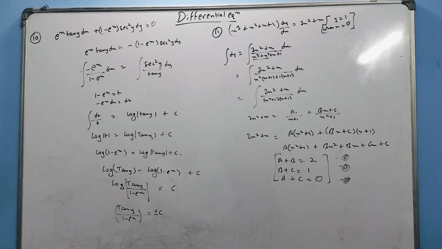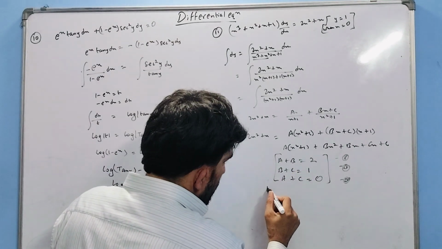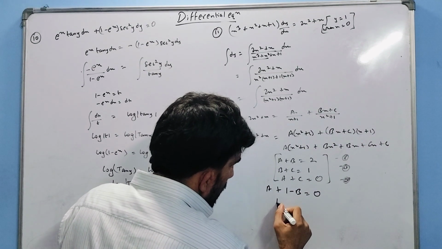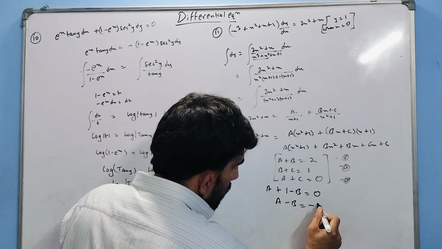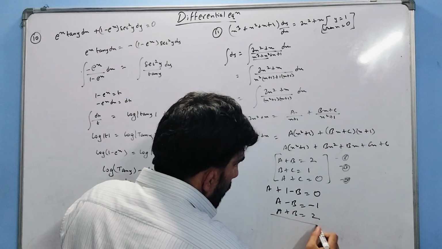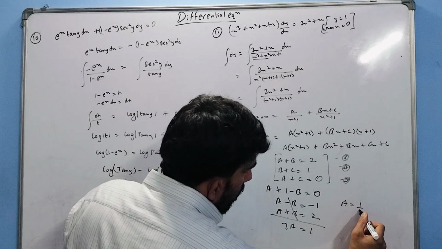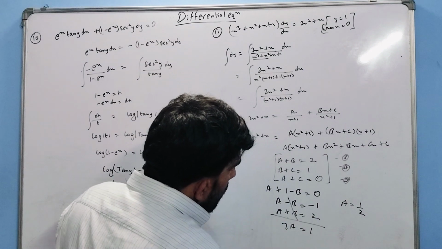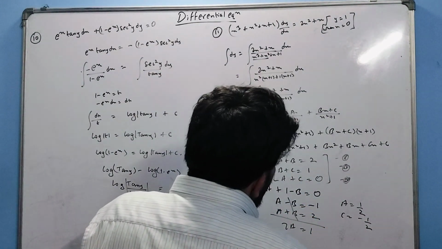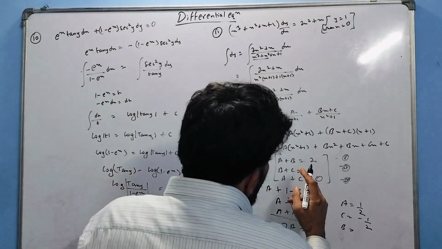If I put C is equal to 1 minus B in the third, A plus 1 minus B is equal to 0, so I get A minus B is equal to minus 1, and here I have A plus B is equal to 2. If I solve it, I get 2A is equal to 1, that is A is equal to half. If A is half, we get C is equal to minus half. If C is minus half, B will be 1 plus half, 3 by 2.